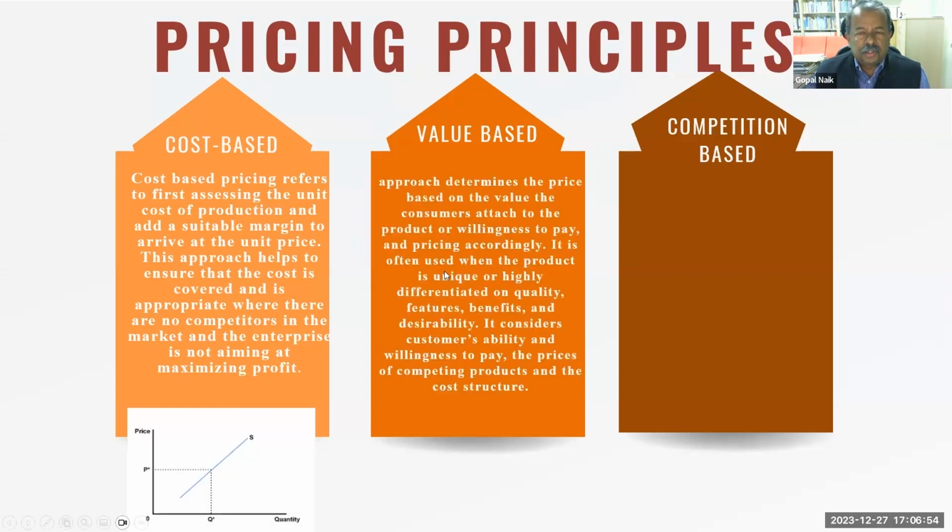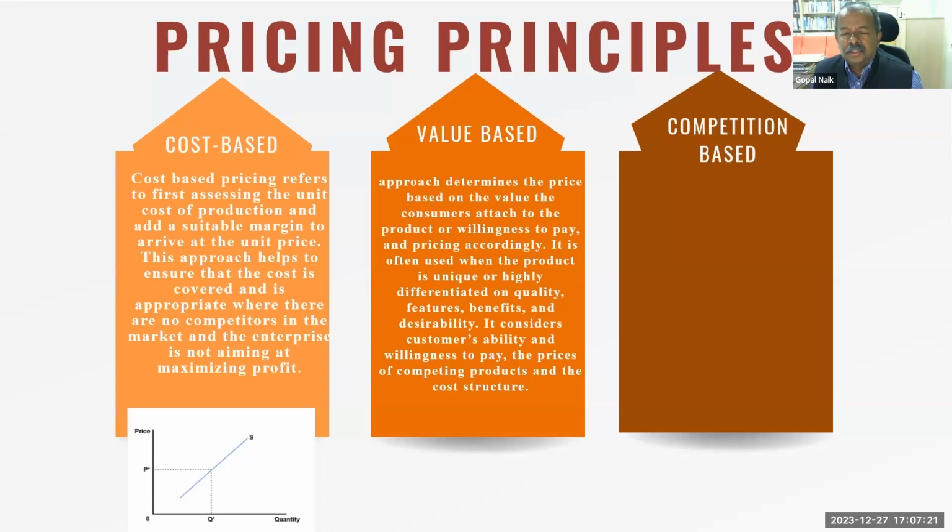In case of a value-based approach, it determines the price based on the value the consumers attach to the product, or their willingness to pay, how much the consumers are willing to pay, and prices accordingly. So it's often used when a product is unique or highly differentiated on quality, features, benefits, and desirability.